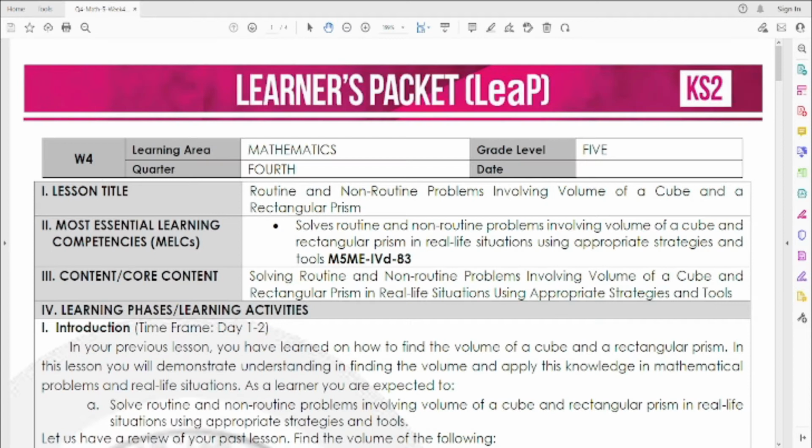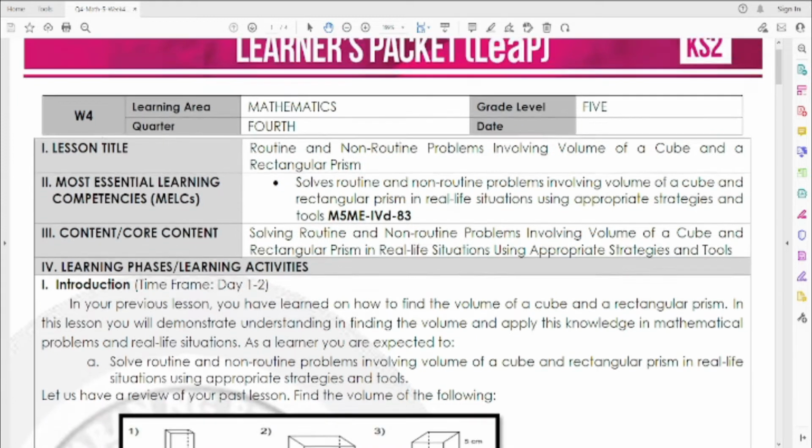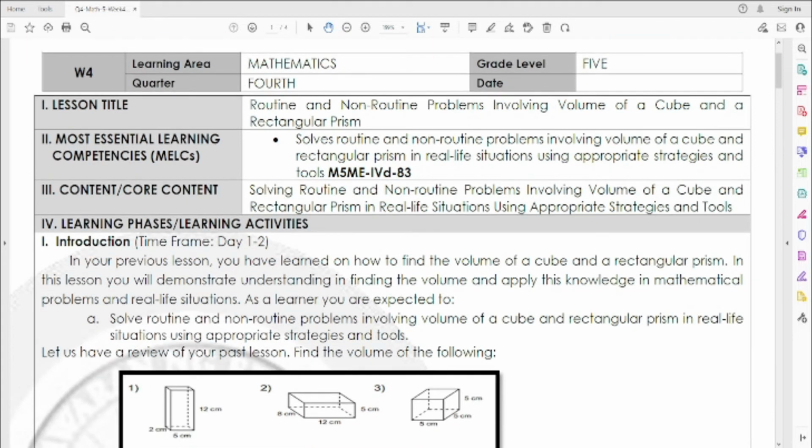Good day. Our today's lesson is routine and non-routine problems involving volume of a cube and a rectangular prism. For your day 1 and 2, in our previous lesson, you have learned how to find the volume of a cube and a rectangular prism.